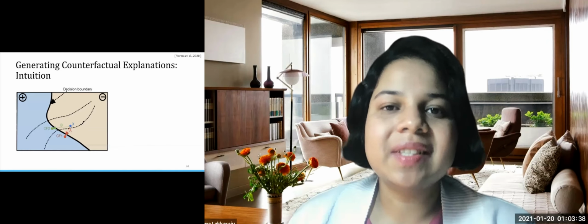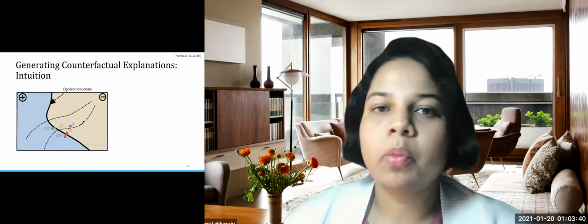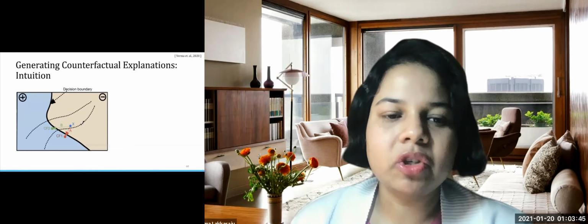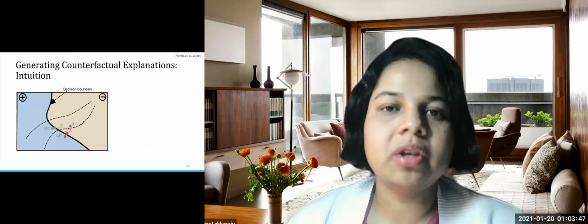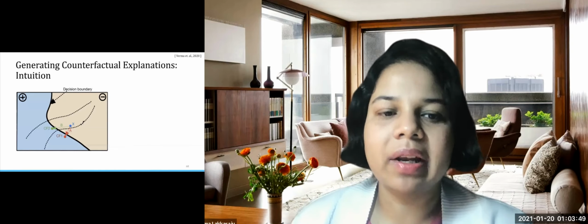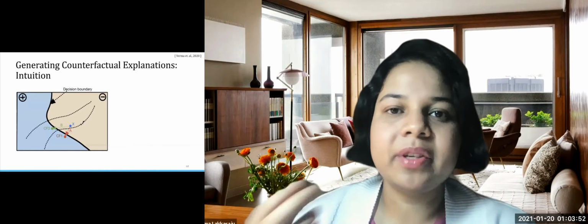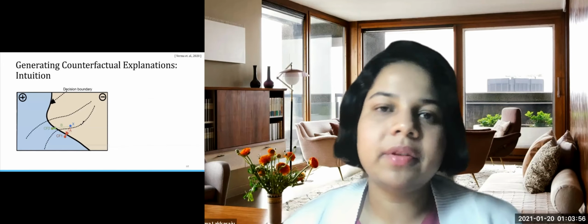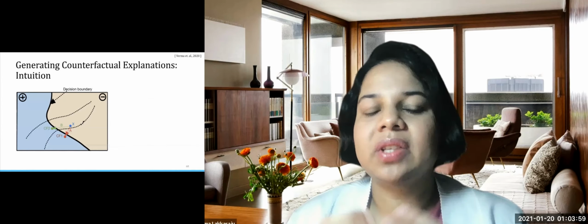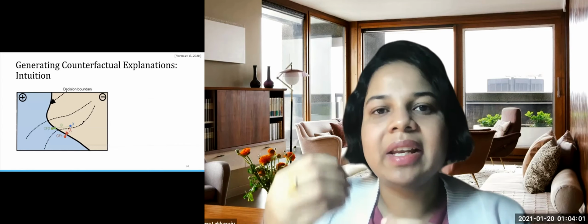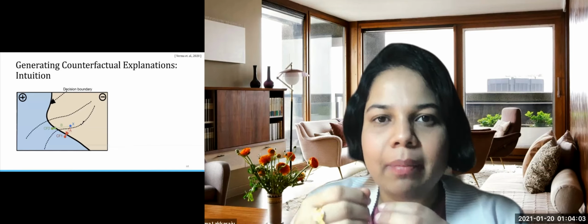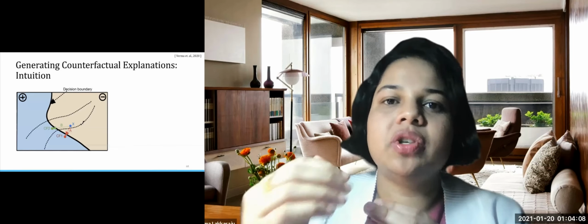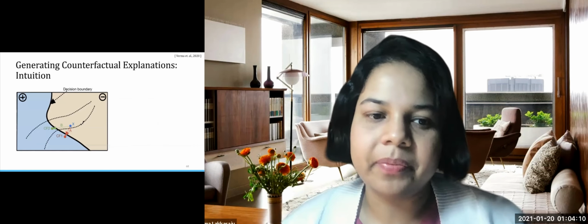Now, how to even design such algorithms? So what is the intuition behind that? In order to understand that, let's look at this picture. What you see here is the decision boundary of a particular predictive model, and X is the instance for which we are trying to find the counterfactual. The underlying logic behind a lot of the counterfactual generation algorithms is pretty simple. It is to basically take this instance X and keep making very tiny modifications to it until it crosses the decision boundary over to the positive side, right?